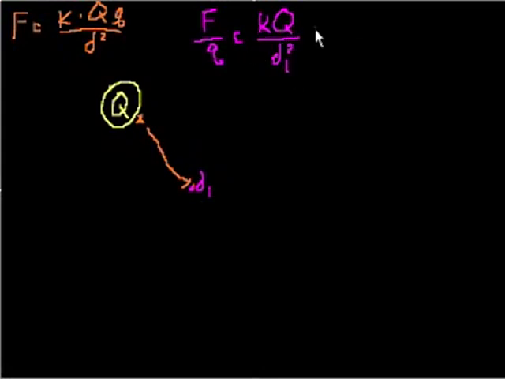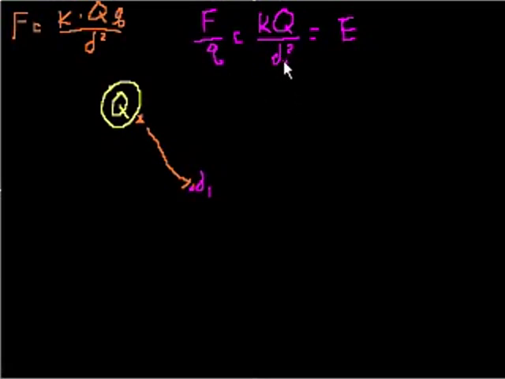Or we could say in general, and this is the definition of the electric field, and actually this is the electric field at the point d1. And if we wanted a more general definition of the electric field, we'll just make this a general variable.